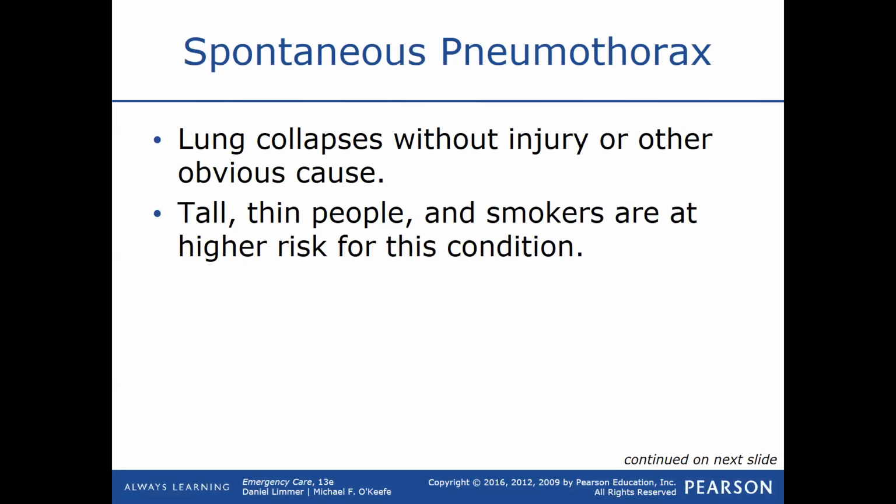And again, like I said, you have this membrane that surrounds the lungs, and whenever that ruptures, air escapes the lungs and goes into the chest cavity where it does not belong. And that's going to cause agitation, which is pain. And these tend to be tall, thin men usually, and it will be from applying too much pressure for something.